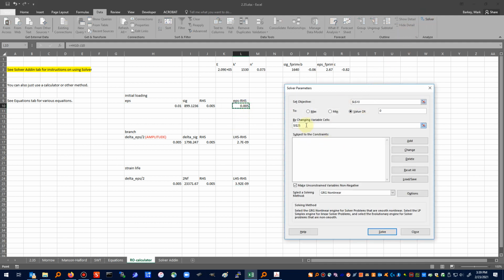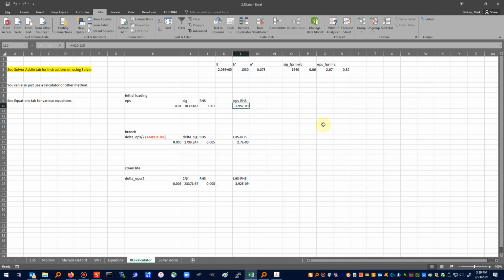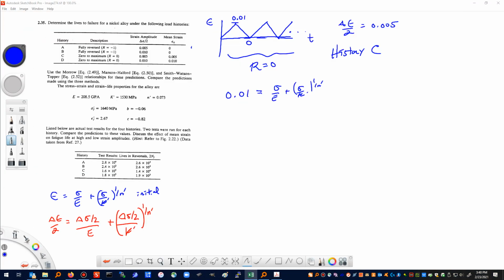I'm going to drive that value to 0 by changing this value. 1039. My initial branch gives me 1039 megapascals.